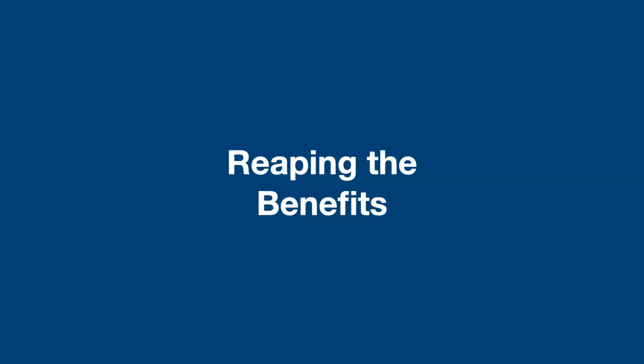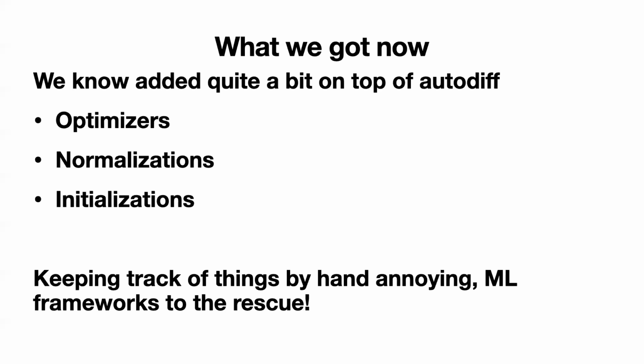Okay, for the last 7 minutes, we're going to put all of these things together and create our machine learning system using all of the nice tools that have been developed over the last couple of years. We started by solving machine learning with differentiable programming, but now we've added quite a bit on top of automatic differentiation.